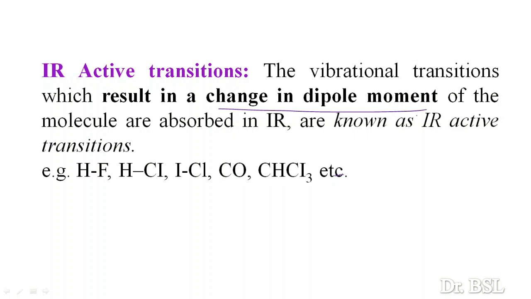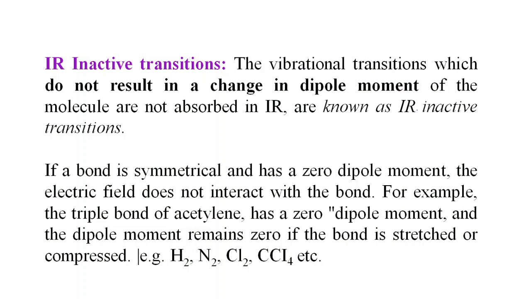IR active transitions are those transitions which result in change in dipole moment of the molecule. IR inactive transitions are the vibrational transitions which do not result in change in dipole moment of a molecule, are not absorbed in IR, and these are known as IR inactive transitions.